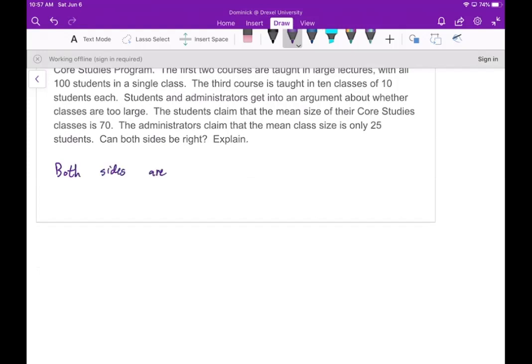And it's all about perspective in this example. Right? So if you're a student, you have 3 classes. Now, in your first 2 classes, you have 100 students.